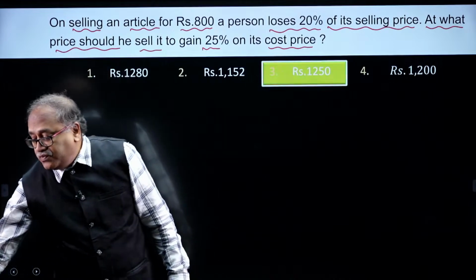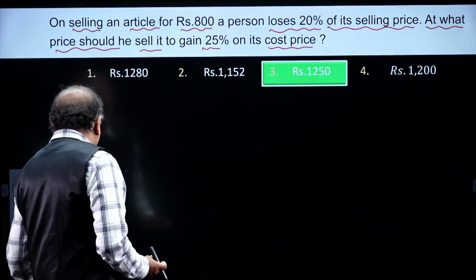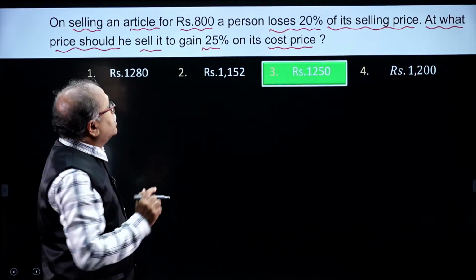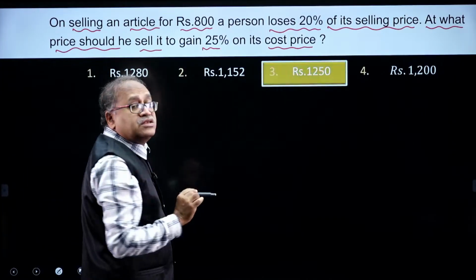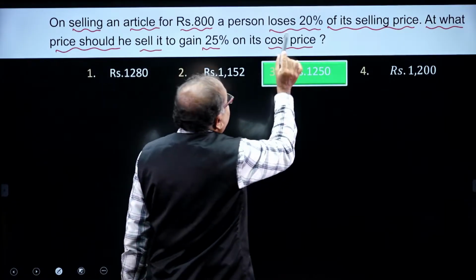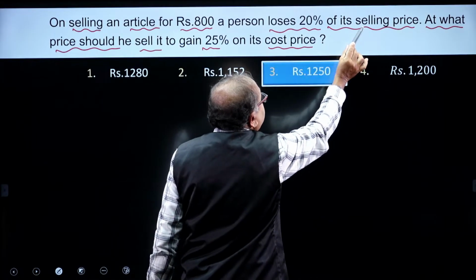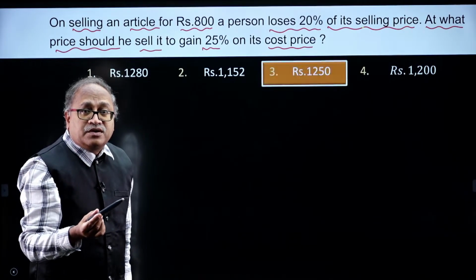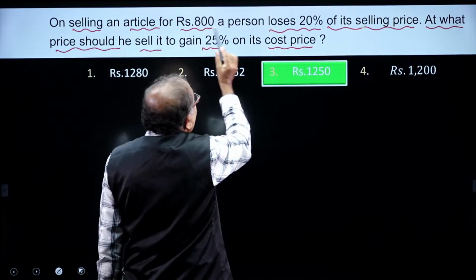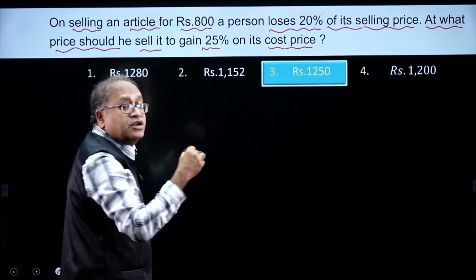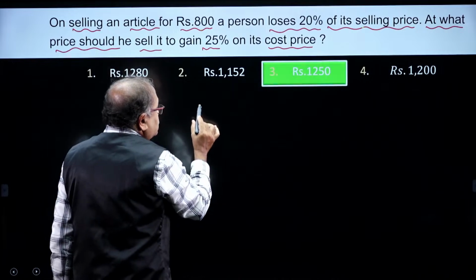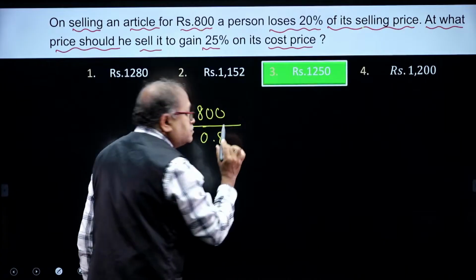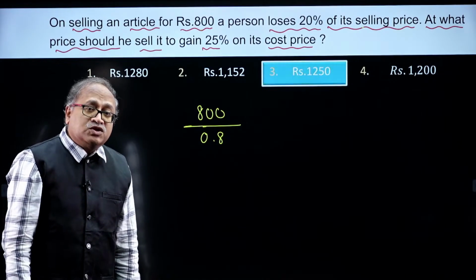That's 1250. So, how do we do this one? Let us write the least possible thing. I already know that the selling price is 800 and this is a 20% loss on the selling price. That means this selling price is 80% of the cost price.